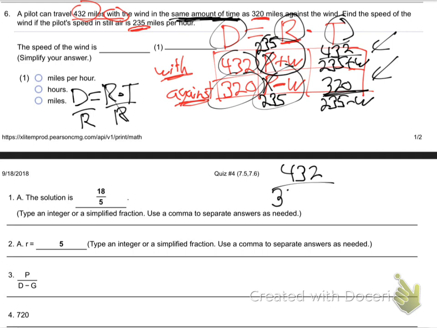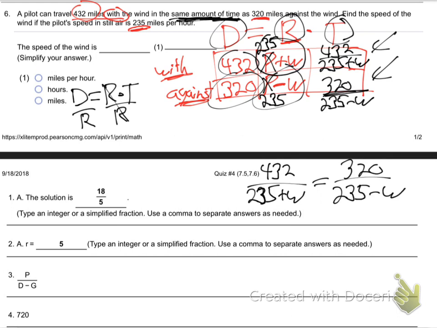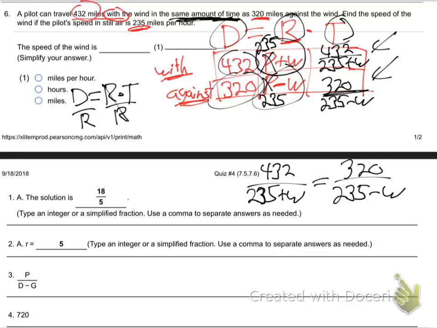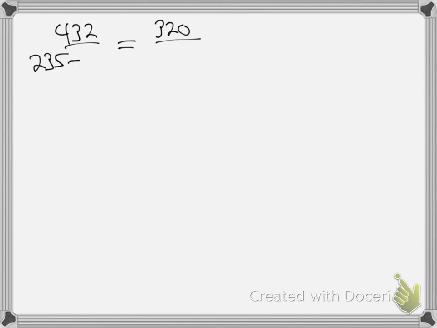432 over 235 plus W must equal 320 over 235 minus W. So let's go to a fresh screen and solve that for W. Alright, how do we solve that?